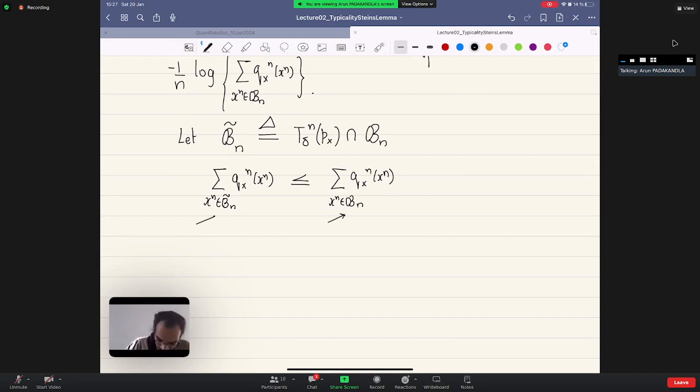So if I get a lower bound on this, then I am in good shape, right? That's the idea. Xn belongs to Bn, Qxn of Xn. This I know is greater than the sum over Xn belongs to B n tilde of Qxn of Xn, right? And I know this.